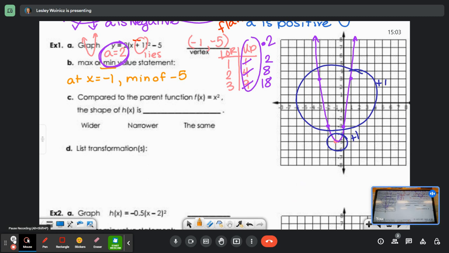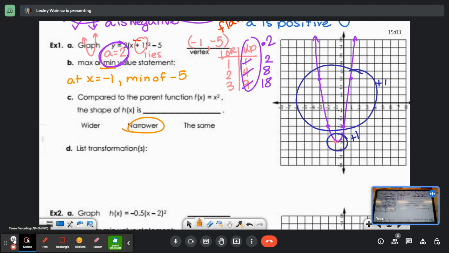So first you tell me where it happens, then you tell me how low it goes. Okay, so compared to our parent, the graph that we just made of h of x is wider, narrower, or the same? Narrower. We knew that from the beginning just by looking at our a value.